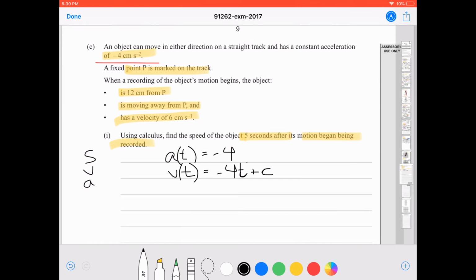And now what? We have to find c, right? They want us to find the speed of the object 5 seconds after its motion began being recorded. That means we have to find c. So we have to pull out some other information, and it's probably going to come from in here.